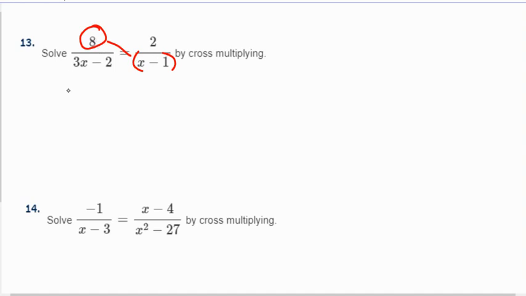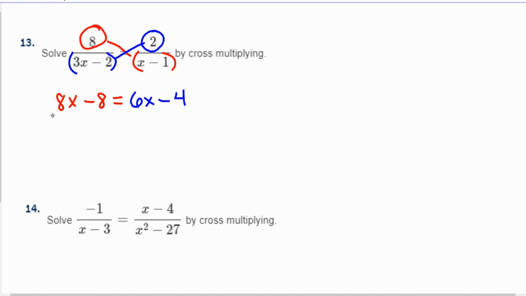Remember to distribute. So that's going to be 8 times x is 8x. 8 times minus 1 is minus 8 equals, and then cross multiply, 2 times, remember to distribute, so 2 times 3x gives you 6x, minus 2 times 2 gives you 4, okay?